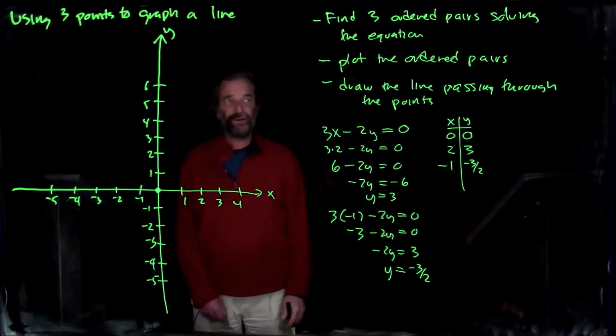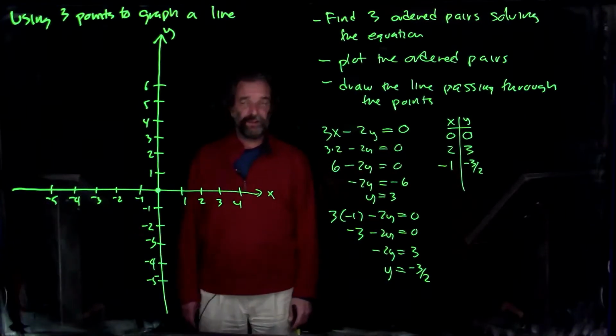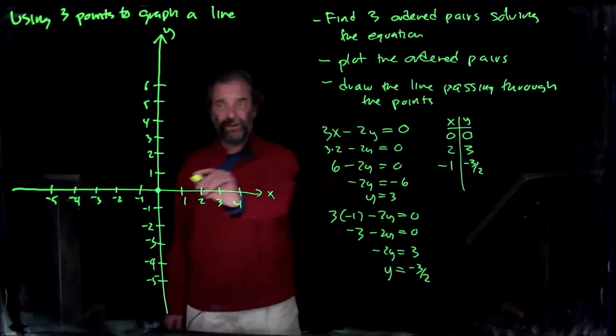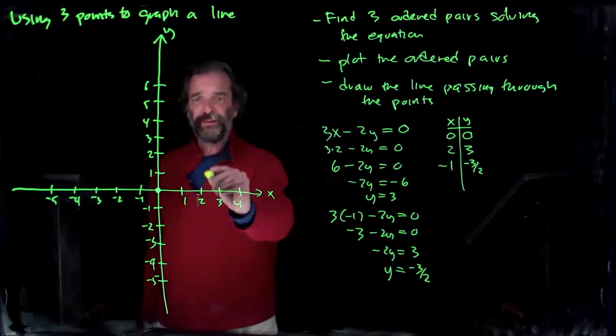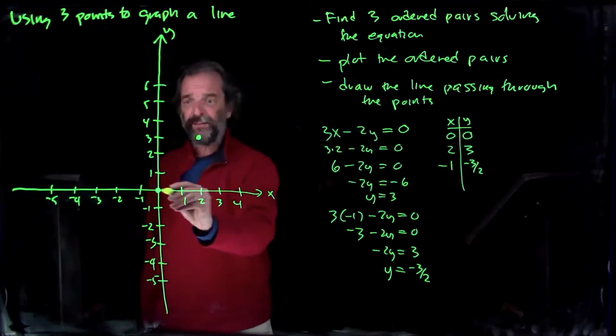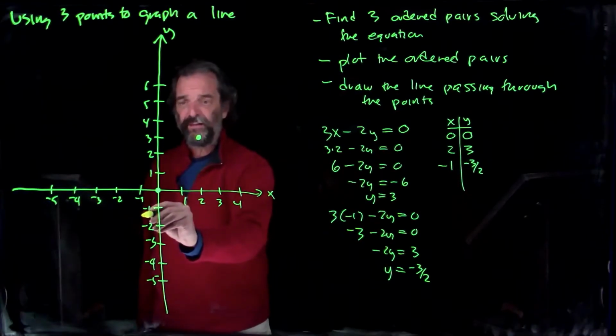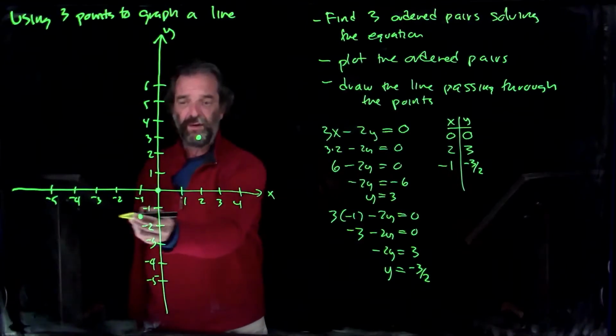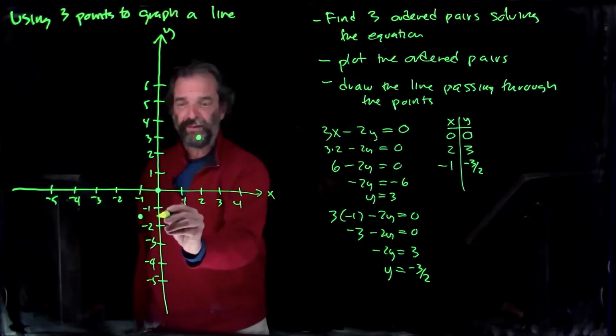So if everything has gone according to plan, when we plot these, they'll all line up in a line. So we've got 0, 0 already plotted. We'll go 2, 3, that's up here. We'll go minus 1, minus 3 halves down here. So x is minus 1, y is minus 3 halves, minus 1 1/2 right here.